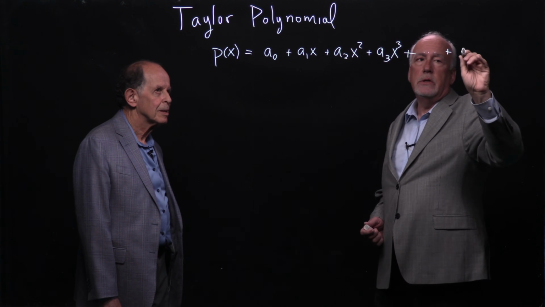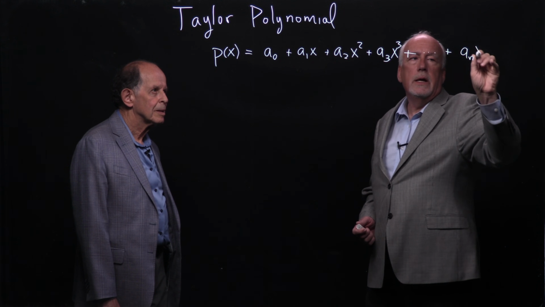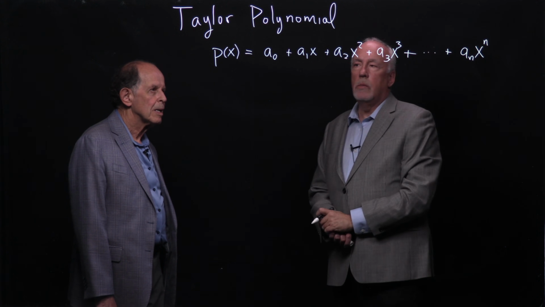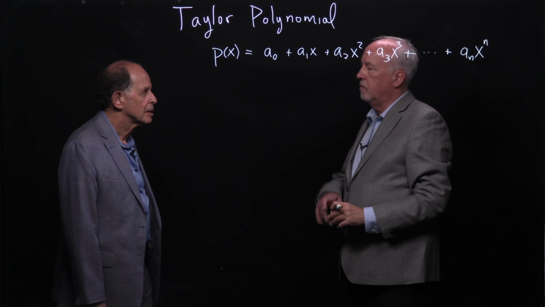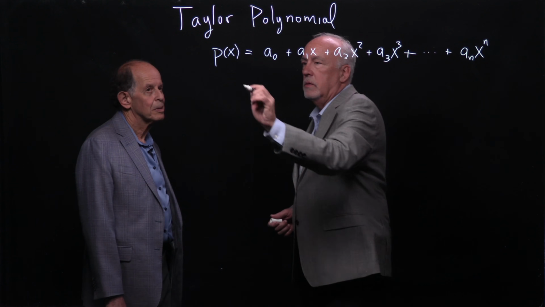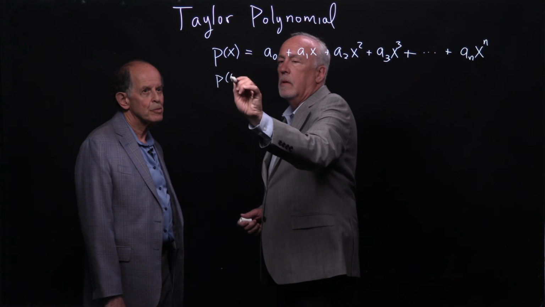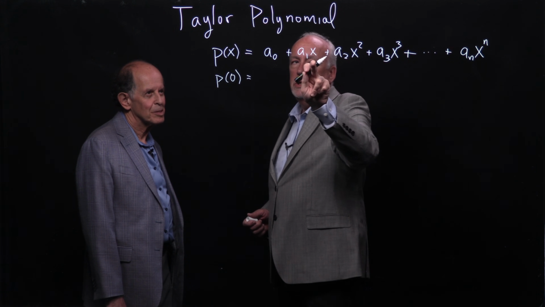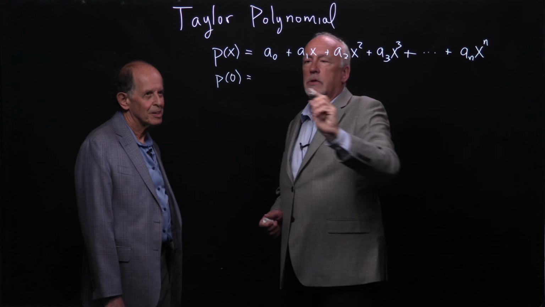It's a polynomial. It doesn't go forever. an x to the n. Now, to make our life easy, let's work at the point 0. So what is P at 0? P of 0 is equal to a0, because this is 0 plus 0 plus 0. This is just a0.